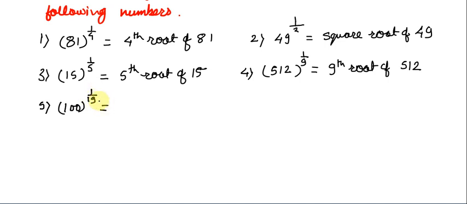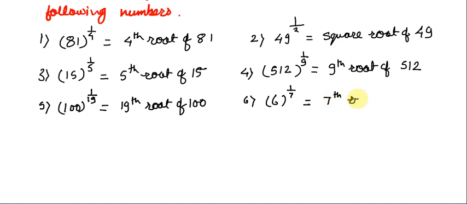So look at 19. So 19th root of 100. Sixth one is 6 raised to the power 1 by 7. So look at 7. 7th root of 6. In this way, we complete 3.1.